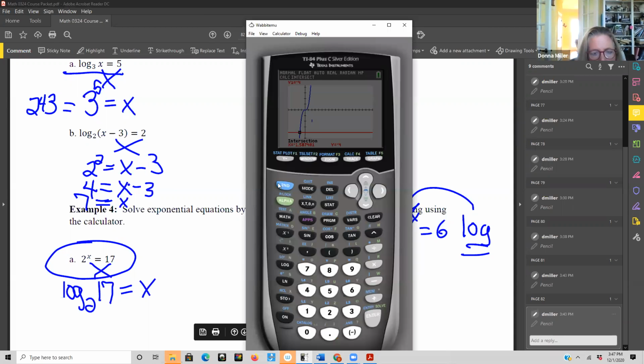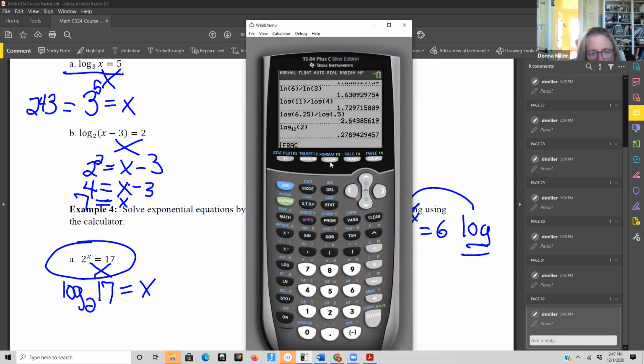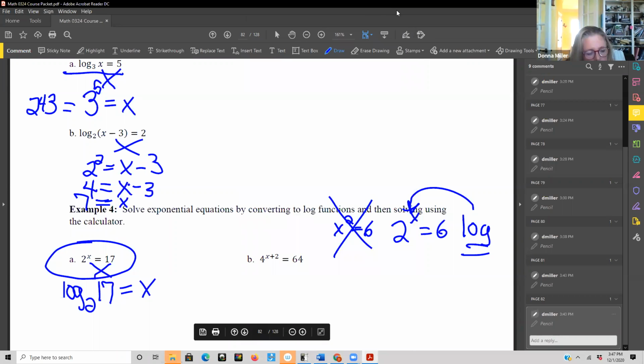Alpha window, log base 2 of 17. And I get 4.087-ish. So the logs help me solve an exponential equation.